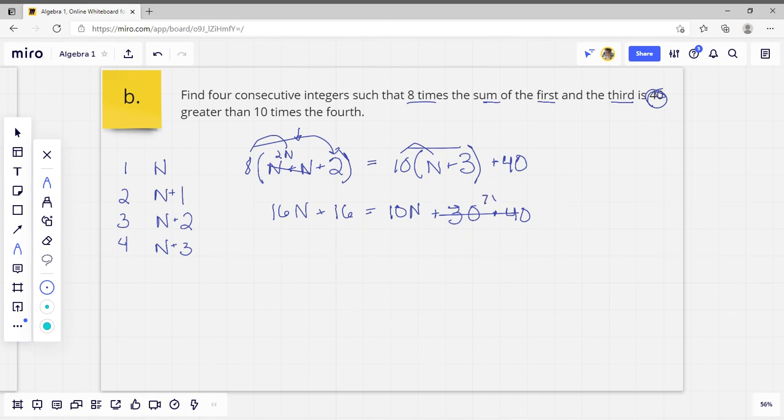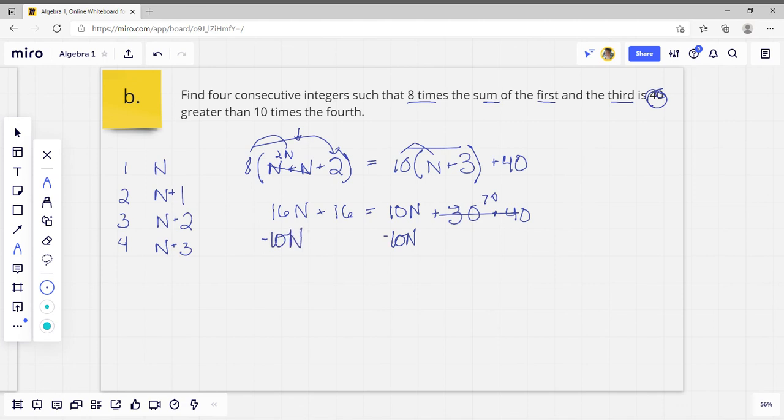Next step, we want to get these n's together, so I'm going to do minus 10n on both sides. Okay. These are going to cancel.